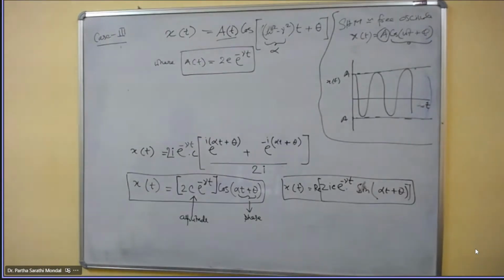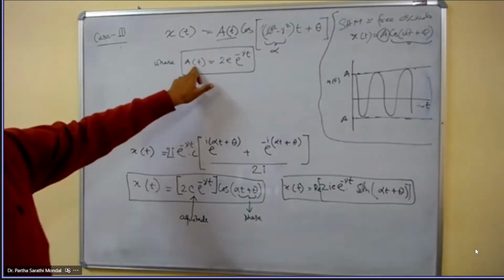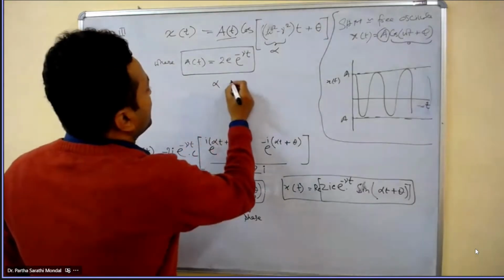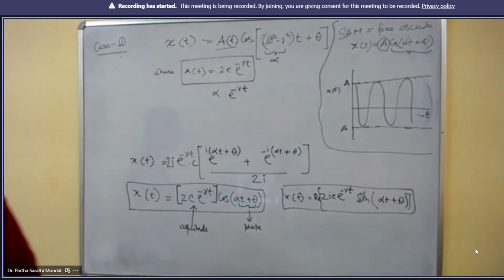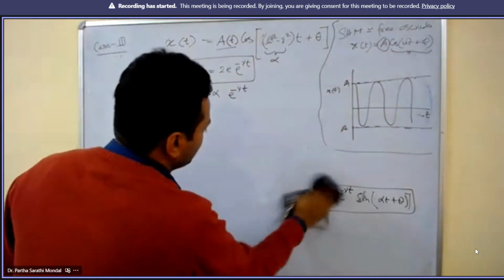Now if you see, A is not a constant, it is proportional to e to the power minus γt. Do you know how the graph of e to the power x looks?